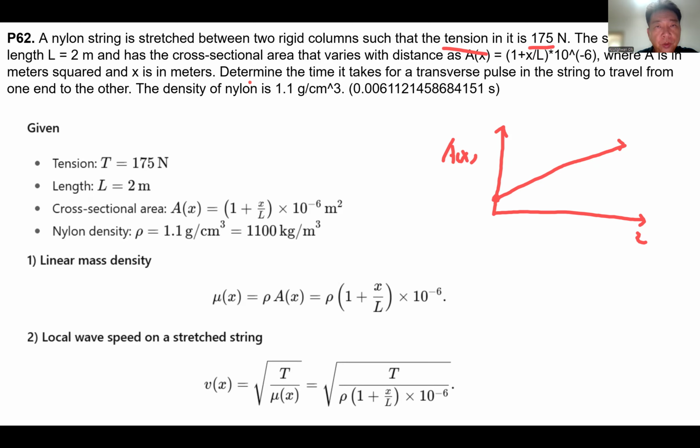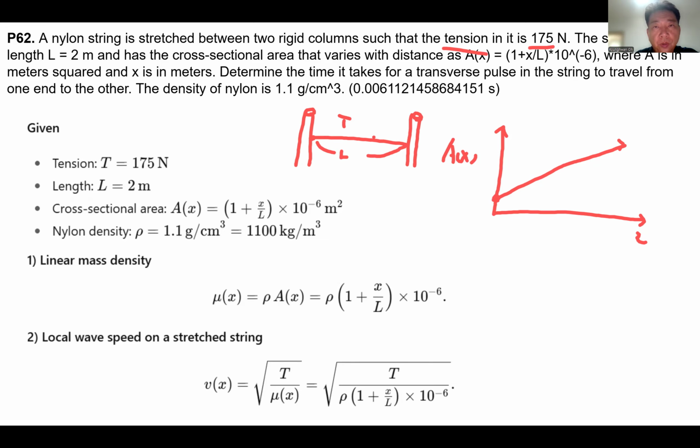Okay, so that means we have two columns, and then we have a string. And then we have a tension, and the length.